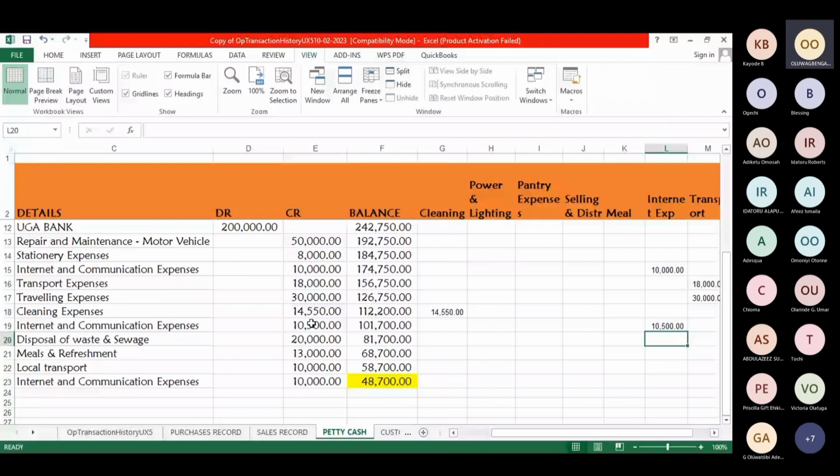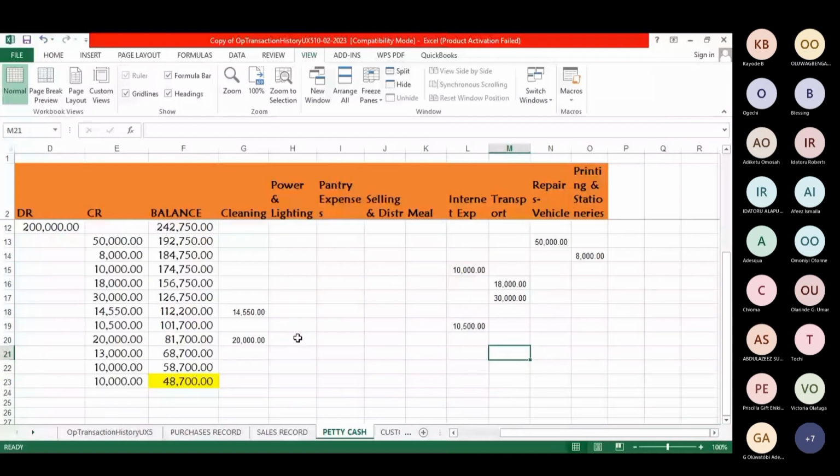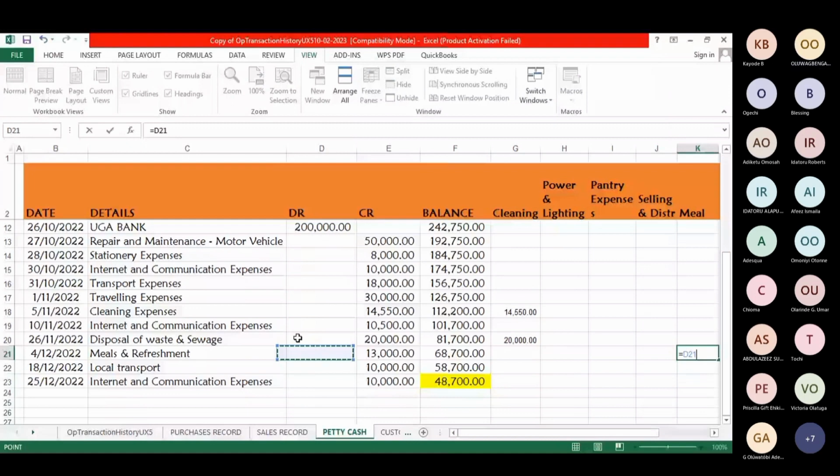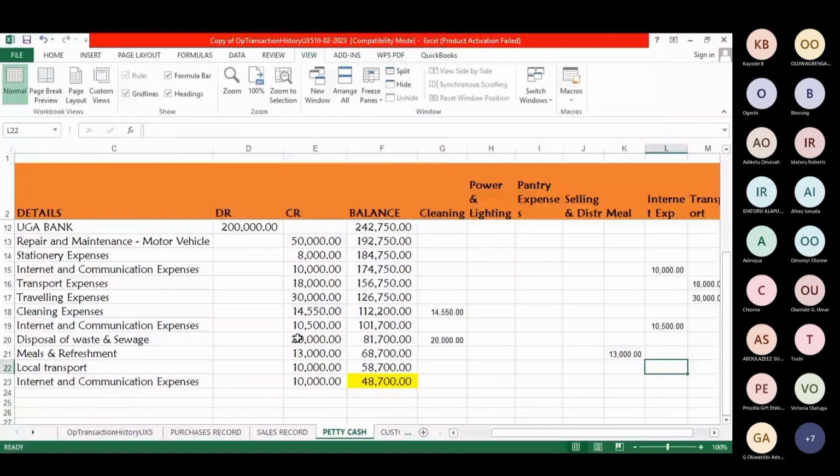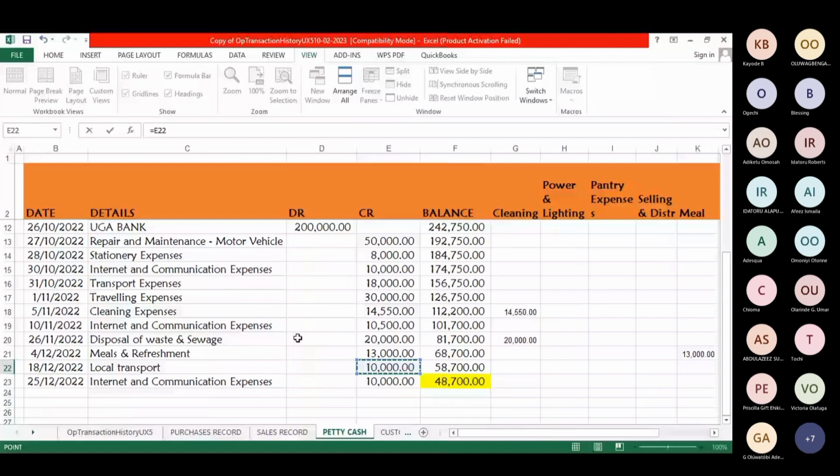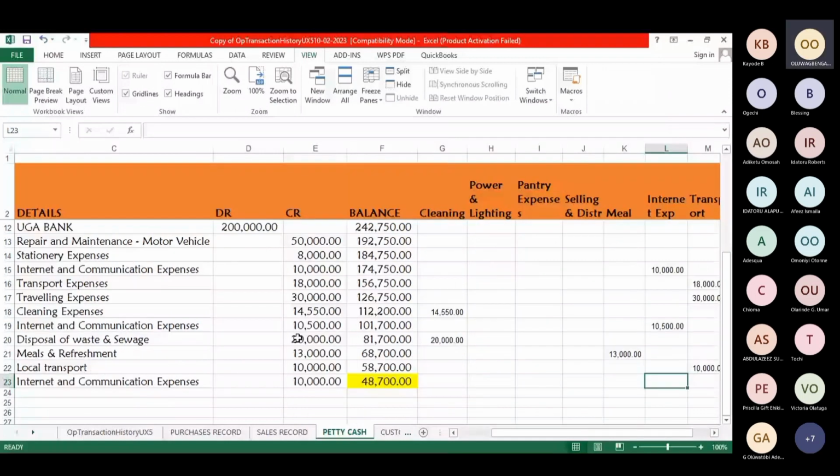Meal and refreshment. Local transport. Internet and communication expenses. I come here and say 10,000 again.